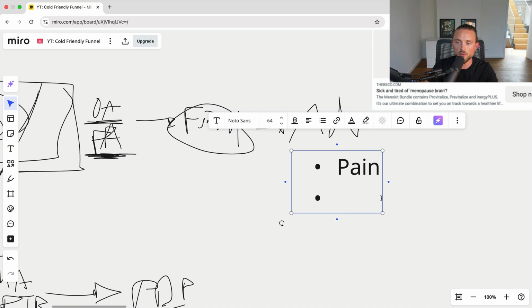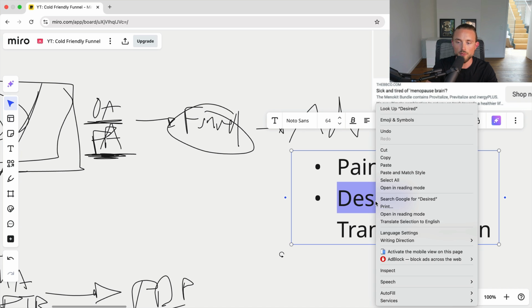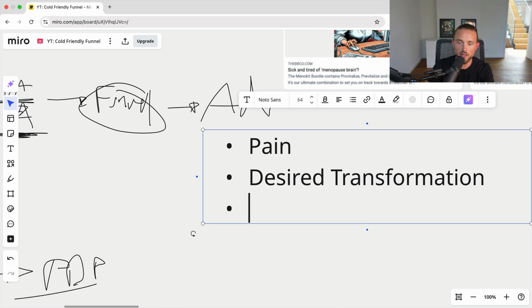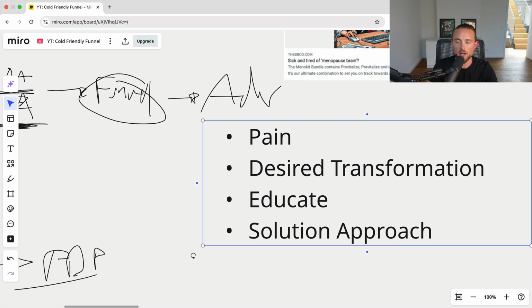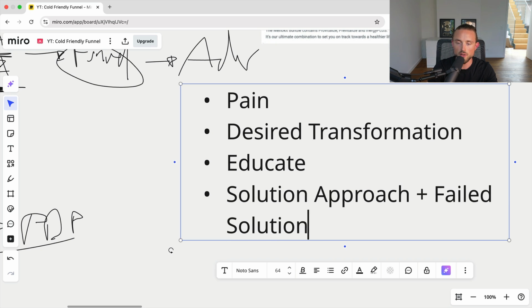First of all, we want to go deeper into the pain. We want to show them the desired transformation that they think about, that they want. And then we want to really educate them around why they're experiencing the pain and how they can solve it. Typically what we do here is we also talk about other solutions, like failed solutions, or what doesn't work.